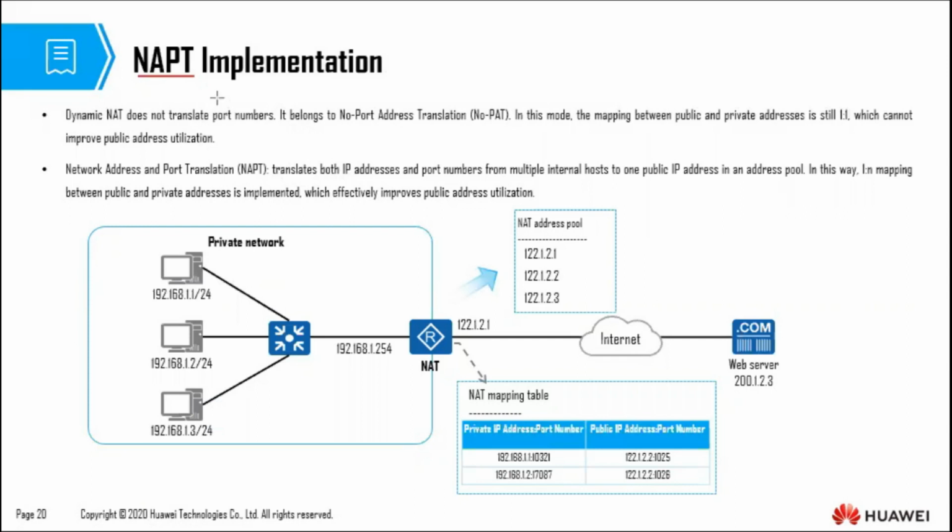And the transport layer information really are the port numbers, the TCP and UDP port numbers. This therefore improves public address utilization to a greater extent compared to even dynamic NAT. So it's called network address port translation.